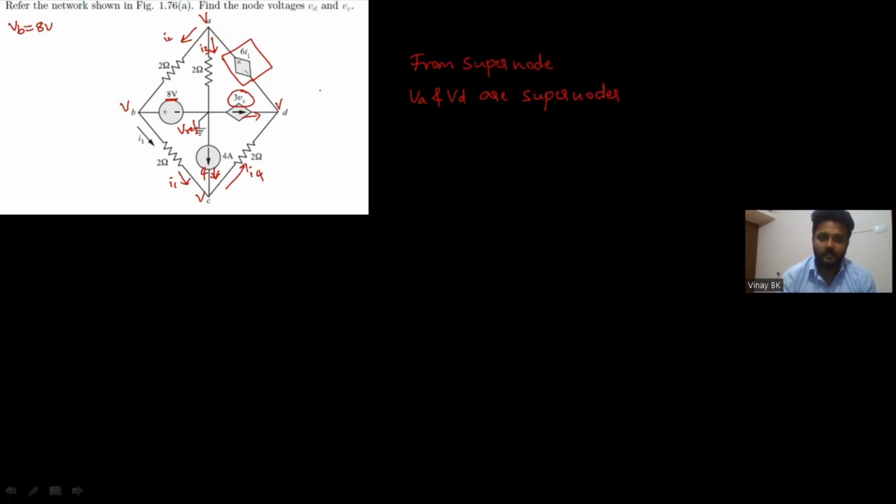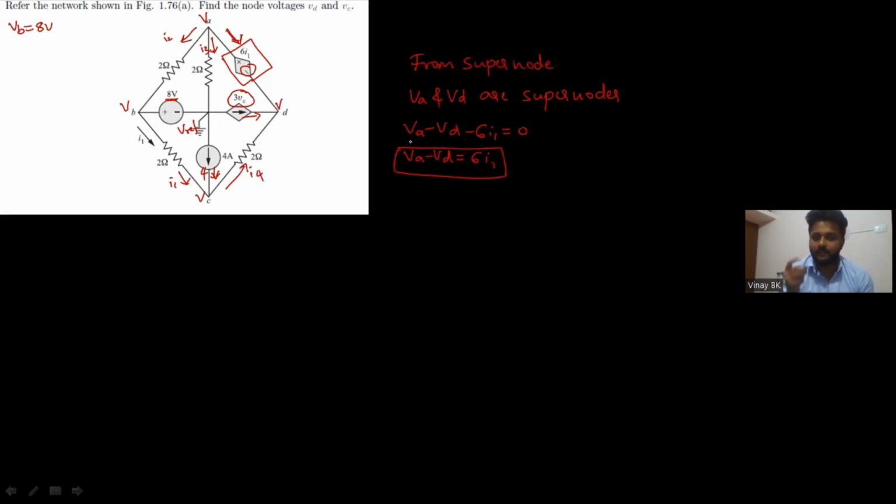From the supernode you can write VA minus VD. I am assuming some current flowing from VA to VD, so the tail end voltage is VA and the arrow end voltage is VD. So VA minus VD, and the second polarity is minus 6I1 equals 0. So you can rewrite VA minus VD equals 6 into I1.